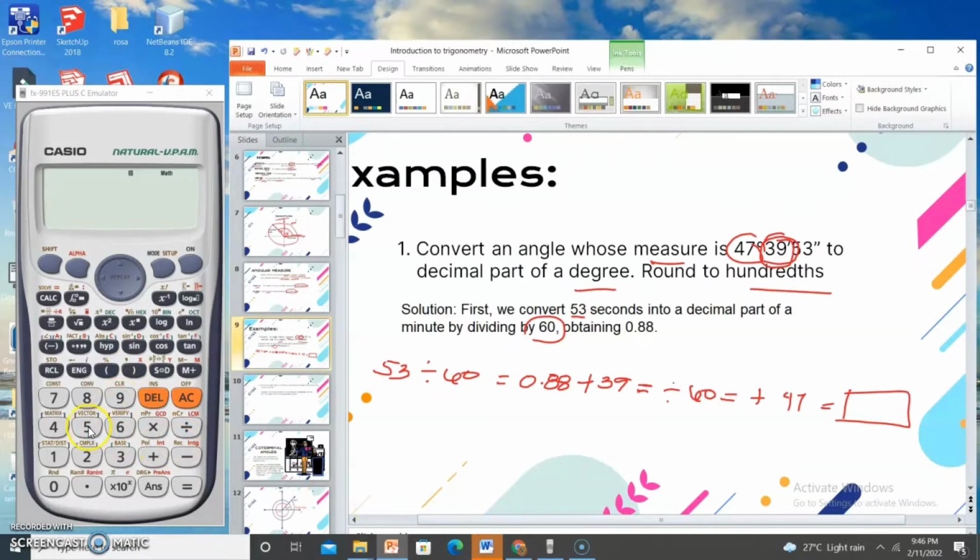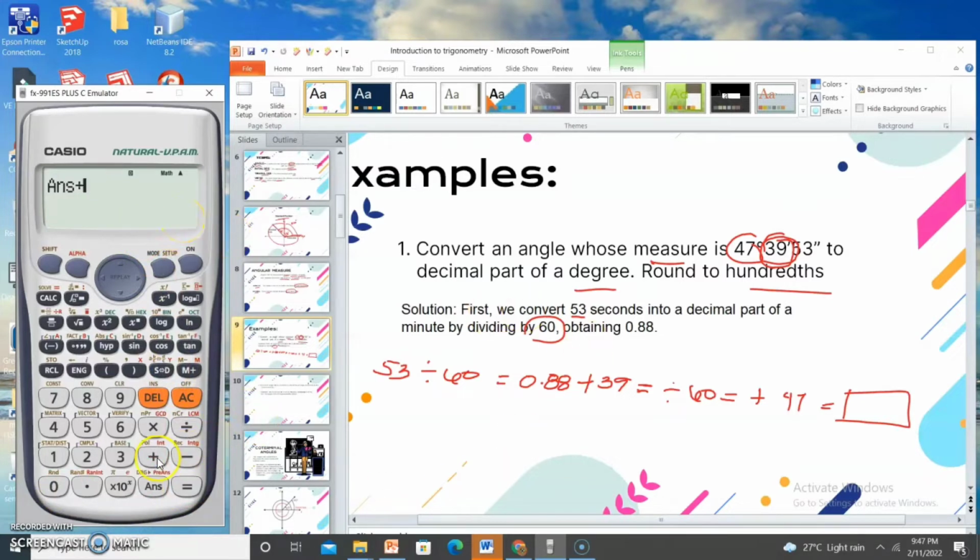So first, 53 seconds divided by 60 equals 0.88. Plus the 39 minutes equals 39.88. Then divide again by 60, equals 0.6647.